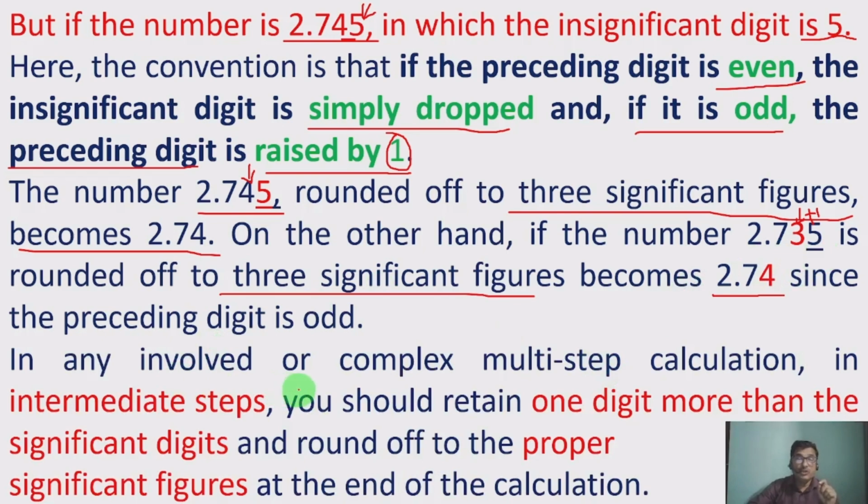In any complex multi-step calculation, where in each step we get a result that should be rounded to some significant figures, what to do there?